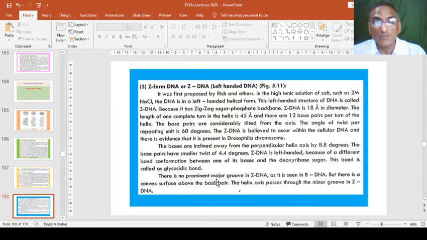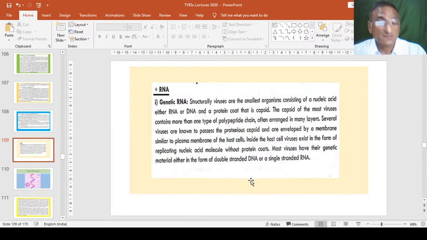There is no prominent major groove in ZDNA, as it is seen in BDNA, but there is a convex surface above the base pair. The helix axis passes through the minor groove in ZDNA. So this is about all the arrangement types of DNA.